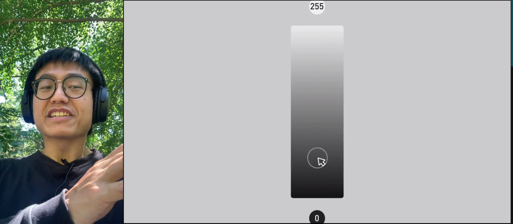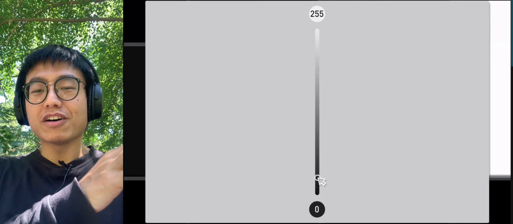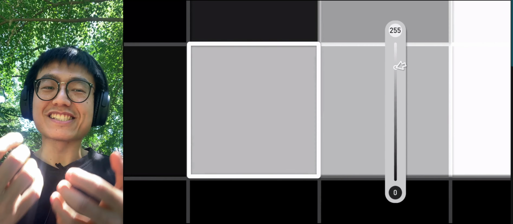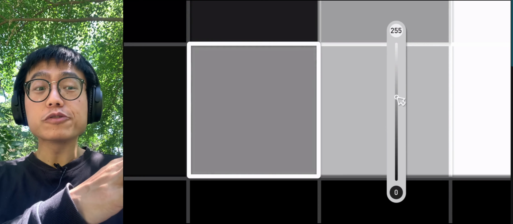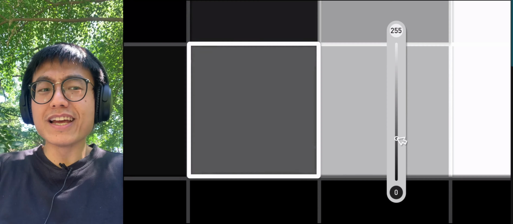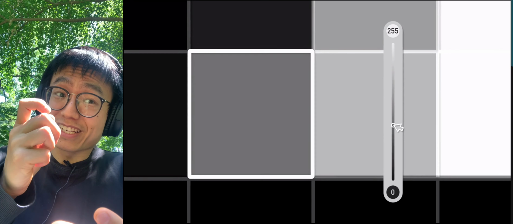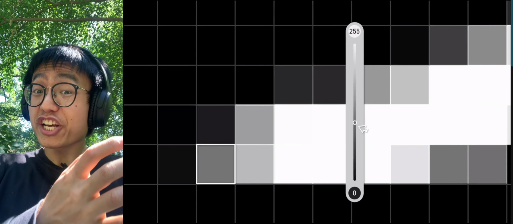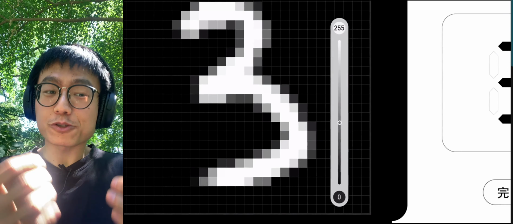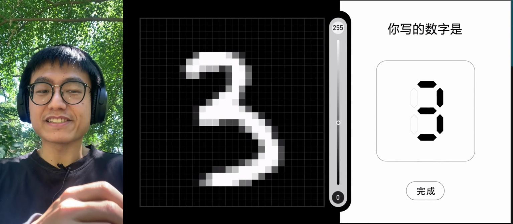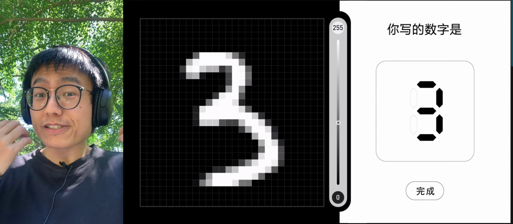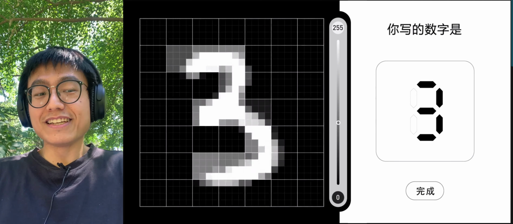Let me drag the vertical bar to adjust the color of this square. In theory, I can adjust the value of each of the 784 pixels until I reach a number 3 that can be recognized by the machine. But to make it easier for me to demonstrate, I simplify the square from 28 times 28 to 7 times 7.